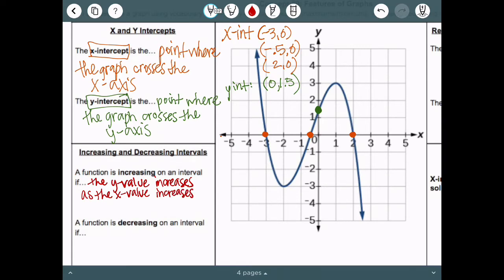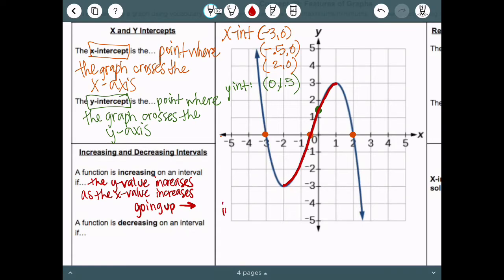So basically what that means is the function is increasing if it's going up as you're moving from left to right. So if I'm looking at this graph here, I see that I'm going down, right? So I see that I'm going down up until this point, and that would not be increasing, that would be decreasing. But starting here and moving all the way up here, that would be increasing.